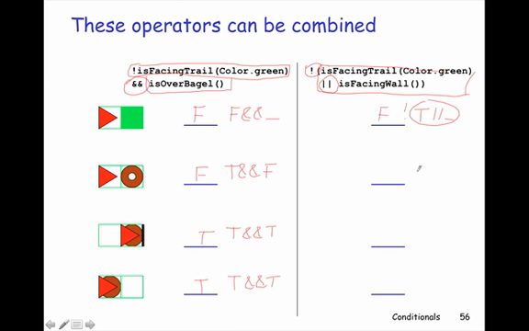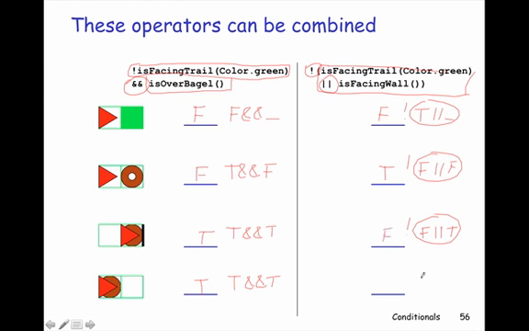In the second scenario, we are not facing a trail that's green, nor are we facing a wall. So we have two falses, and the or of that is false, and if we negate that, we get a true. In the third scenario, we are not facing a trail that's green, that's false, but we are facing a wall. And so that combination is true, but if we negate it, we get a false.